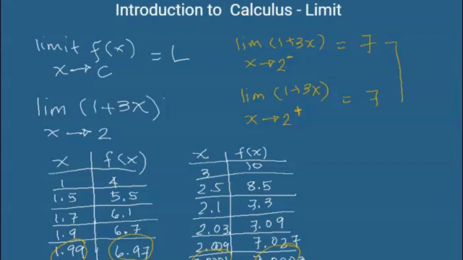As you can see, our one-sided limits, the left hand limit and the right hand limit, are equal. So if they are equal, the limit exists, so we can therefore say that the limit of 1 plus 3x as x approaches 2 is equal to 7.